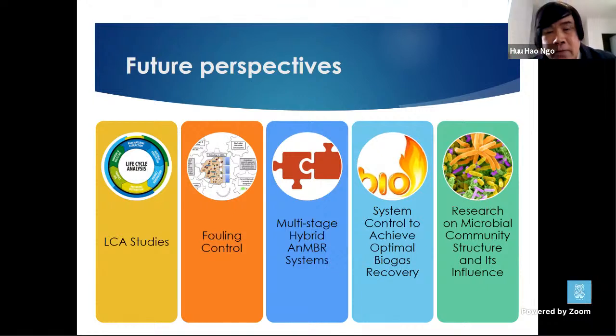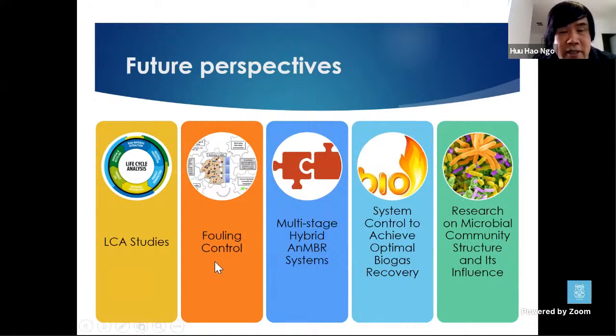The only thing we can do is life cycle assessment, because in the future, definitely we have to do a lot of research about the anaerobic MBR using life cycle assessment. Or we have to think about circular bioeconomy, because that's the only thing you can say to the people, that they are already satisfied with this kind of analysis.